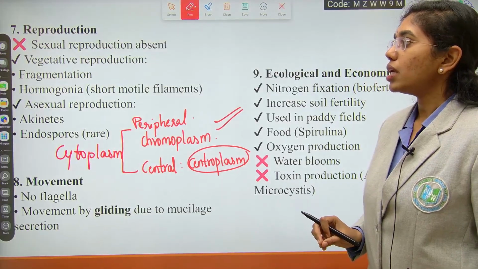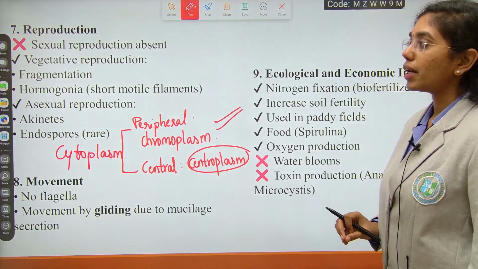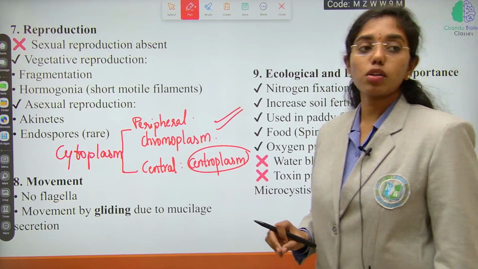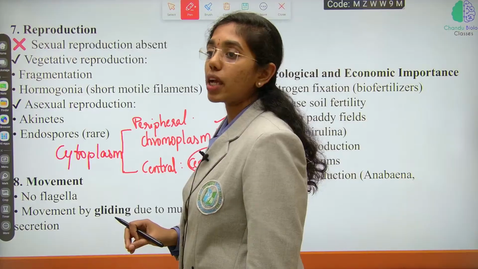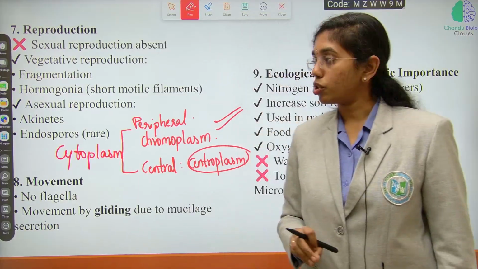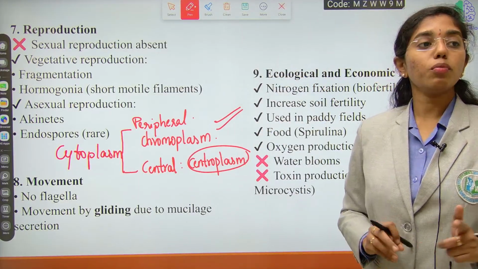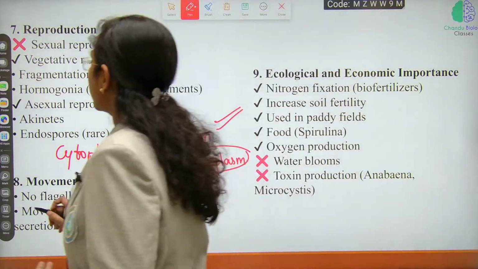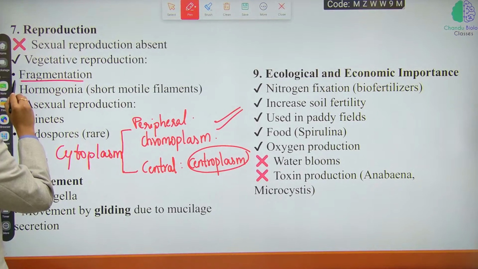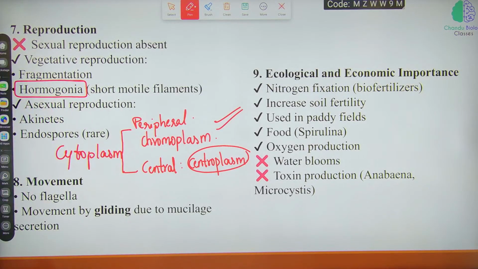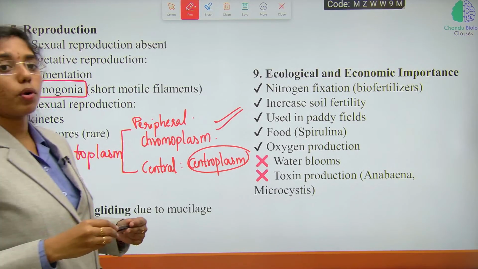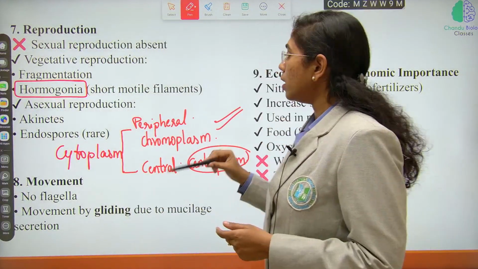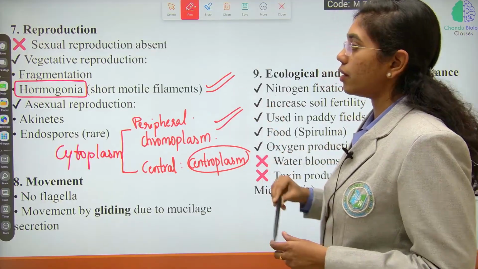Now you see reproduction. We have already observed structures like heterocysts for nitrogen fixation and akinetes which aid in vegetative reproduction. Along with akinetes, there is one more structure for vegetative reproduction, that is hormogonia. Hormogonia are short motile filaments which help in vegetative reproduction.